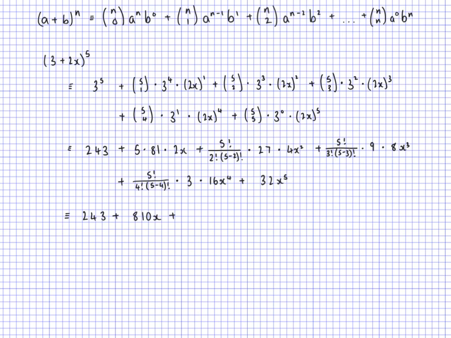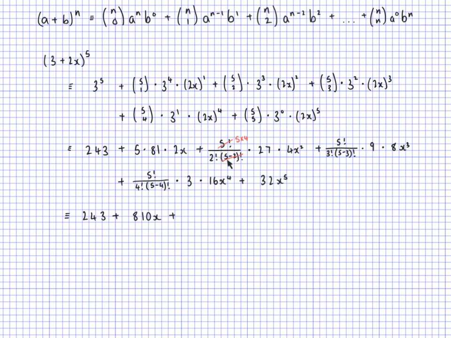Okay, so let me just write some of that down. I'll cross it out here. So this will cancel with that one and leave me 5 times 4. 2 factorial is just 2. So 2 can cancel with the 4. Or I can say 5 times 4 is 20, divided by 2 is 10.